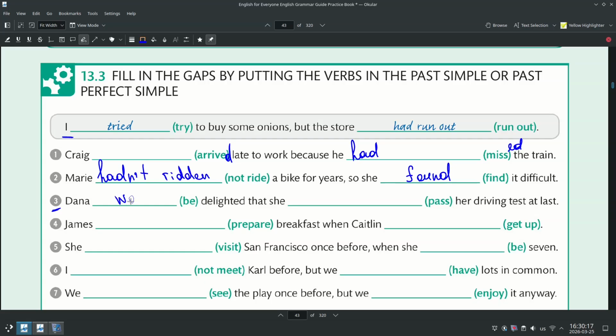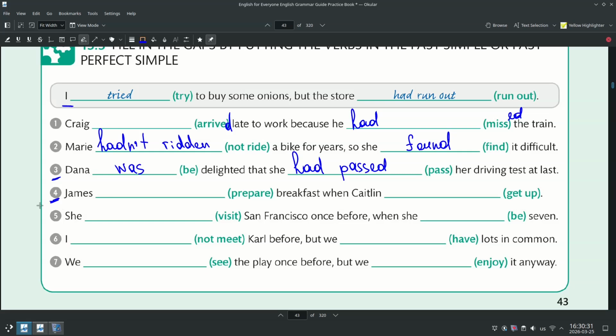Dana was delighted that she had passed her driving test at last. Number 4. James breakfast with Caitlin when Caitlin get up. So James first had prepared breakfast when Caitlin got up.